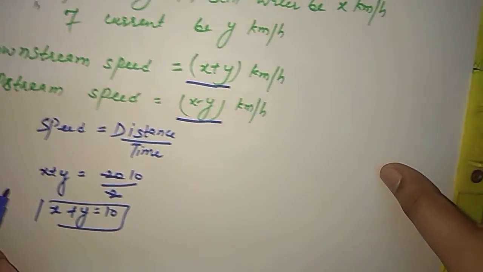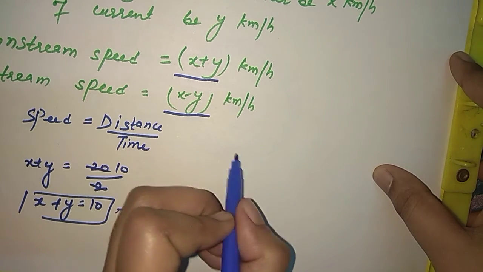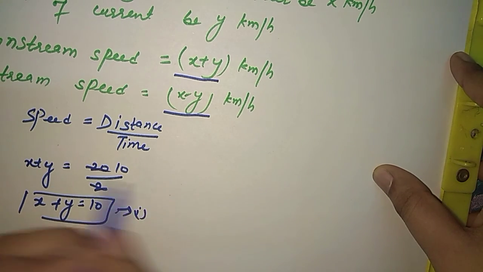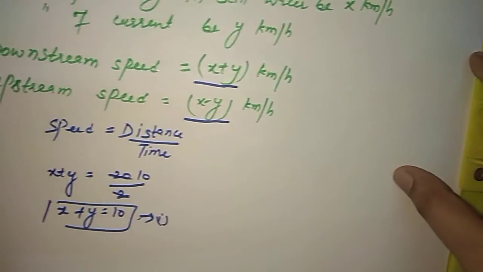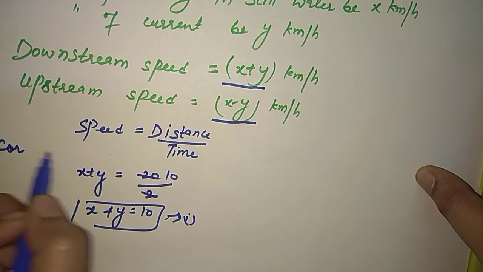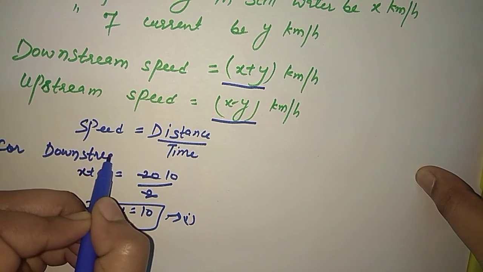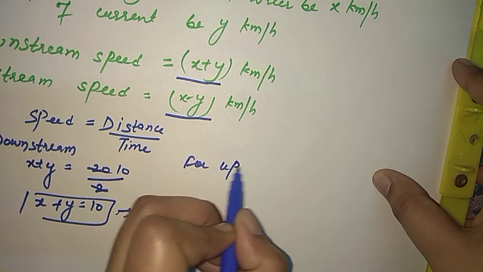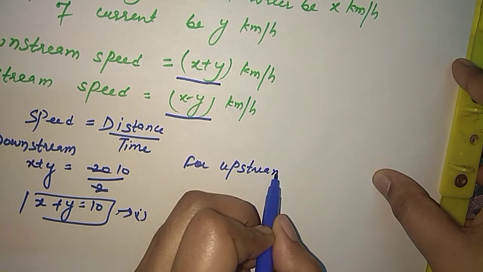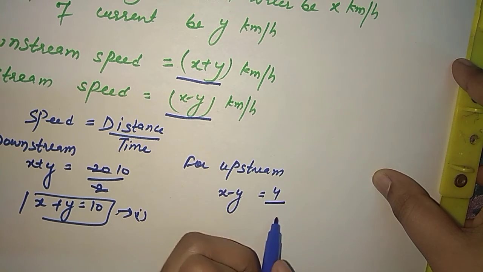And another, this is our first equation. And again using it for downstream. Now for upstream we have speed that is x minus y, distance is 4 in 2 hours.